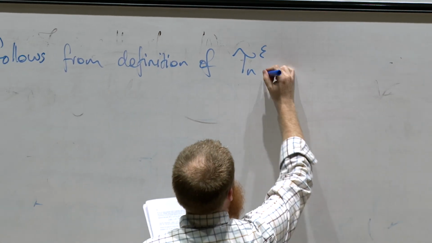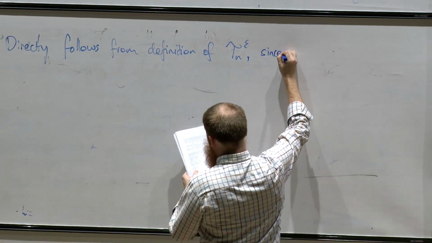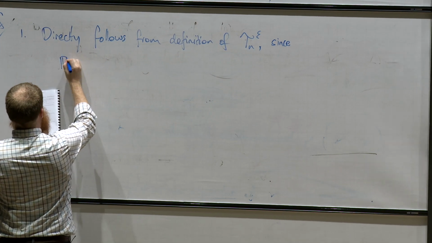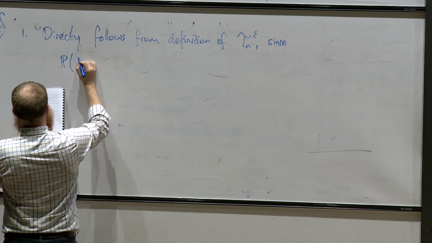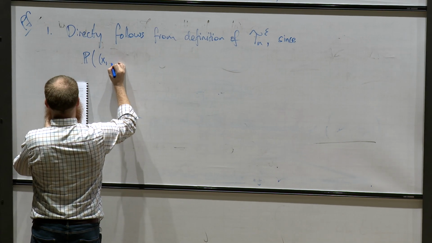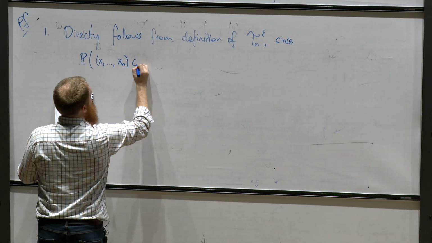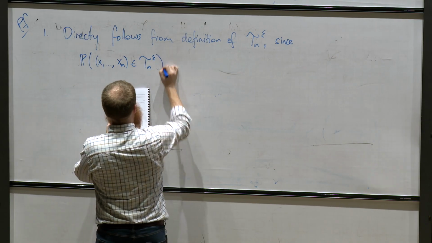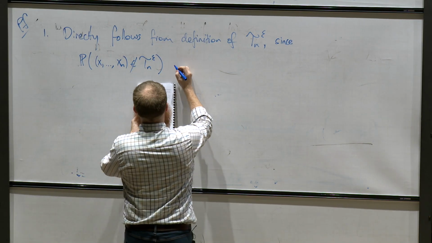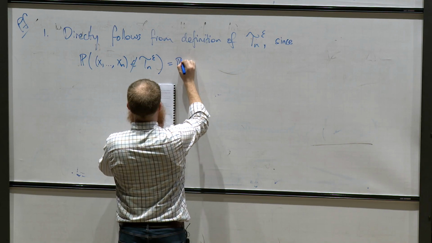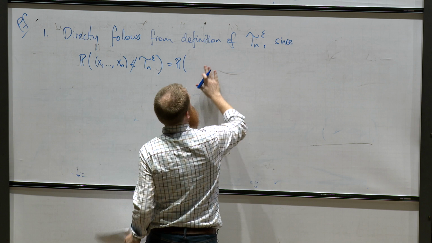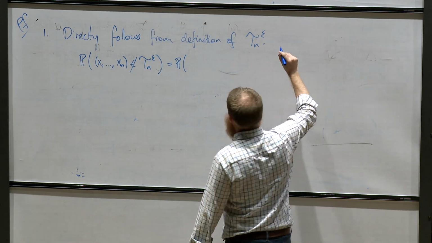Since the probability that x1 through to xn is not a typical sequence is equal to the probability that, no, that's from the definition.